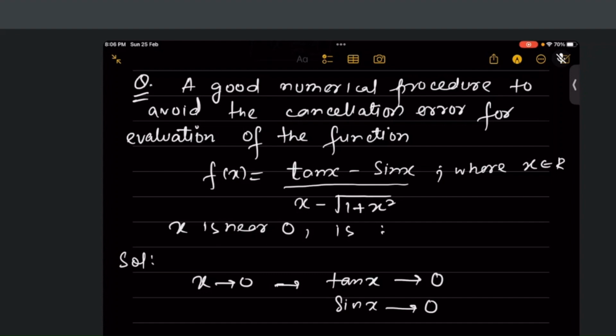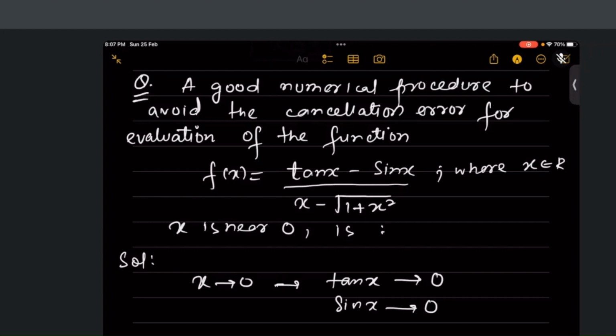If we expand sin as x minus x cube by 3 factorial and tan as x plus x cube by 3 plus 2x power 5 by 15, in this way also we get negative terms. So it's not necessary that you do it that way. Okay, let me give you a hint.